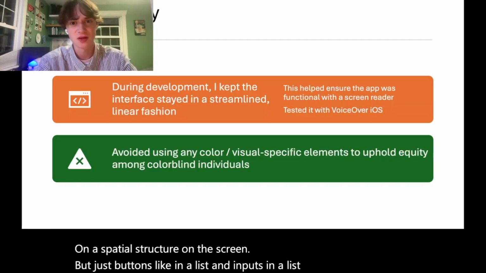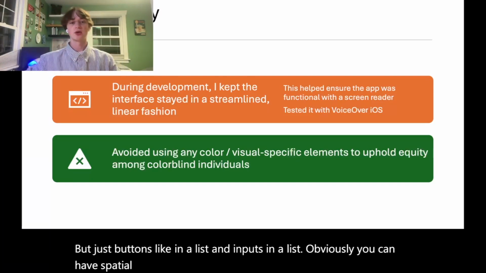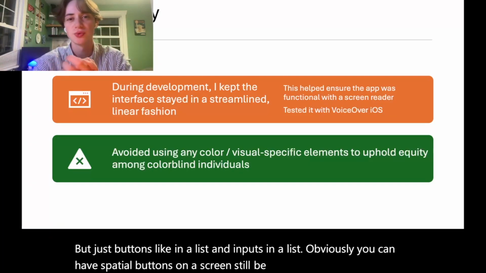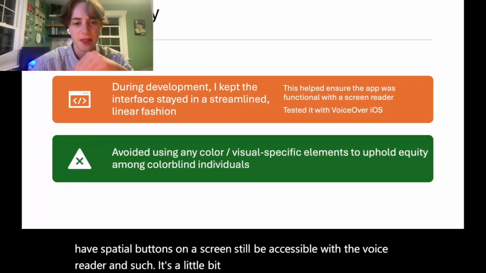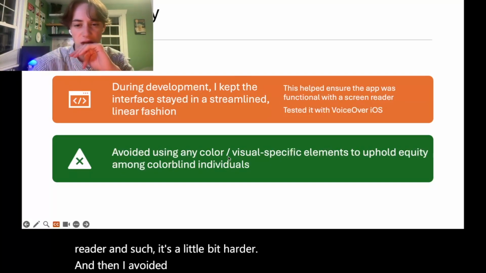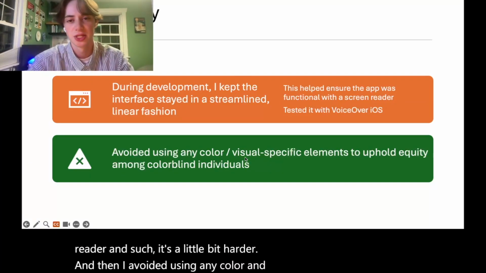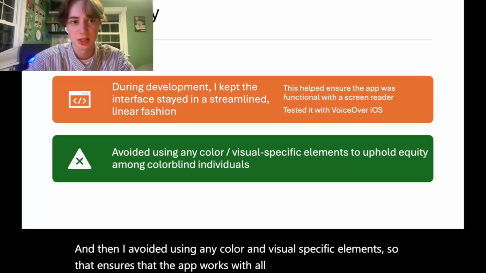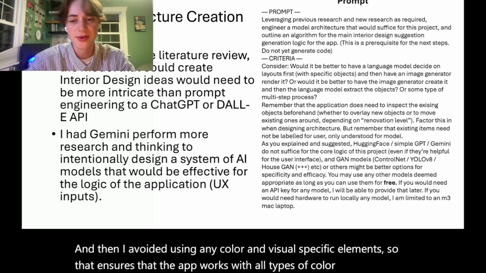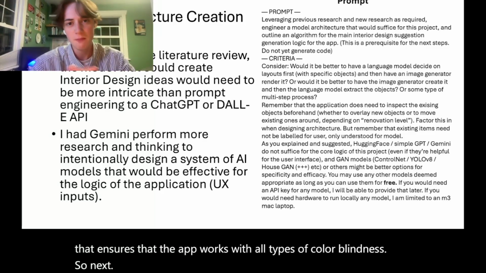Obviously, you can have spatial buttons on a screen still be accessible with a voice reader and such. It's a little bit harder. And then I avoided using any color and visual specific elements. So that ensures that the app works with all types of color blindness.